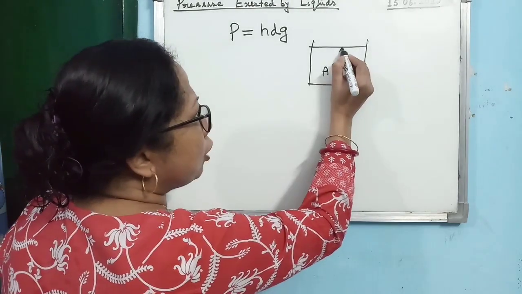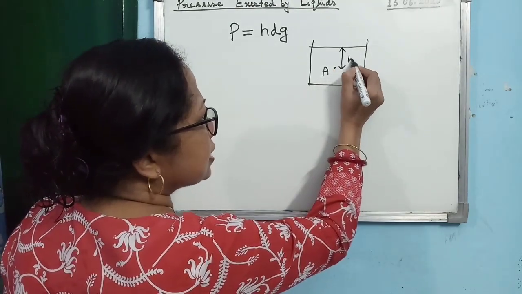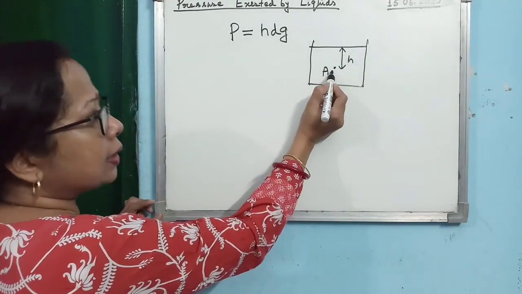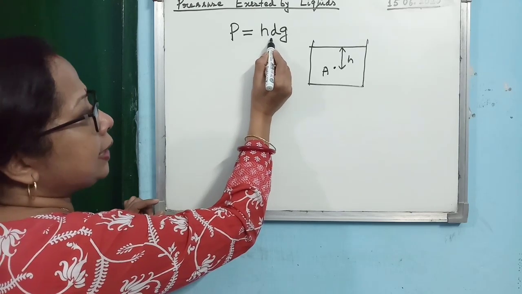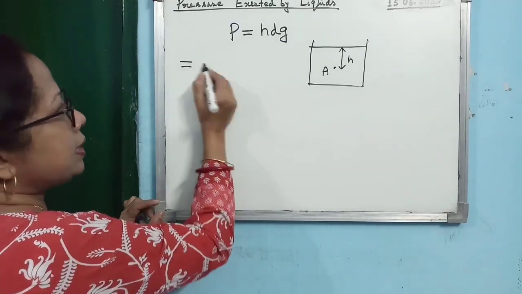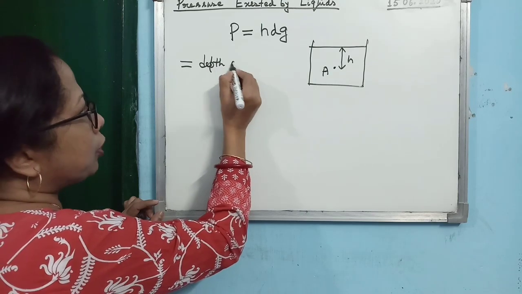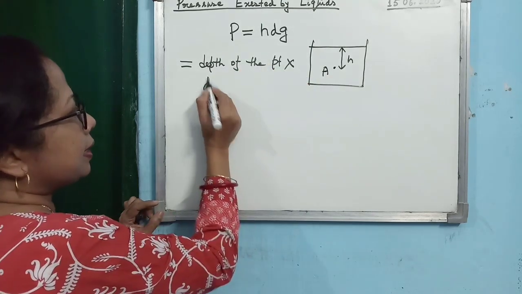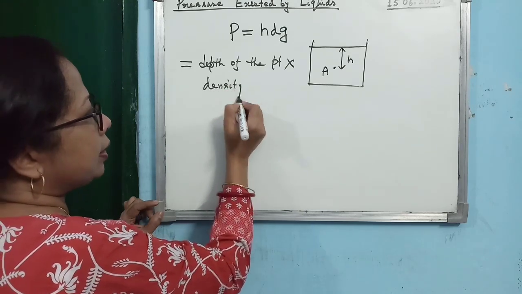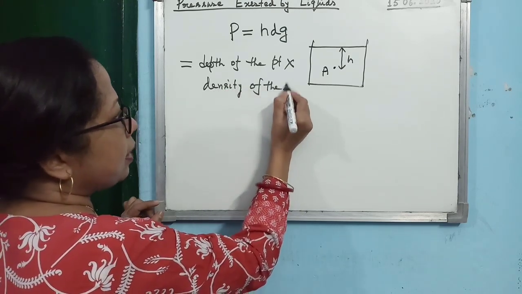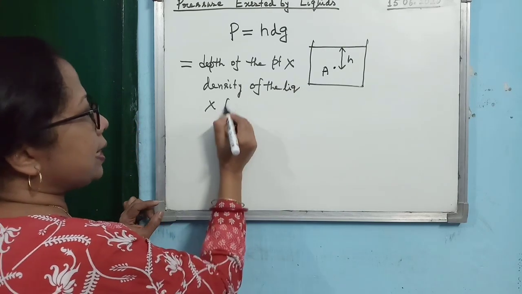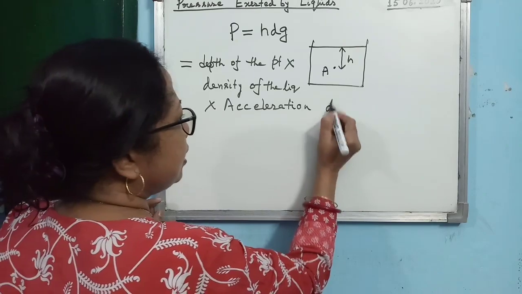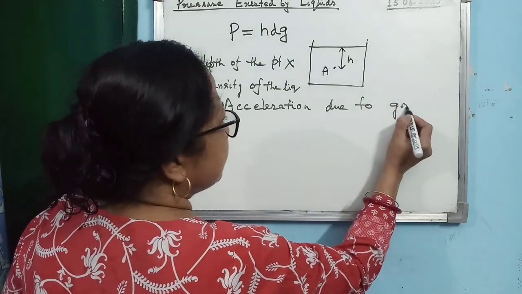Then if the depth of the point from the free surface is H, the pressure exerted by the liquid at the point A is given by H into D into G. H is the depth of the point, D is the density of the liquid which is exerting the pressure, and G, everybody knows, is acceleration due to gravity. Is that clear?